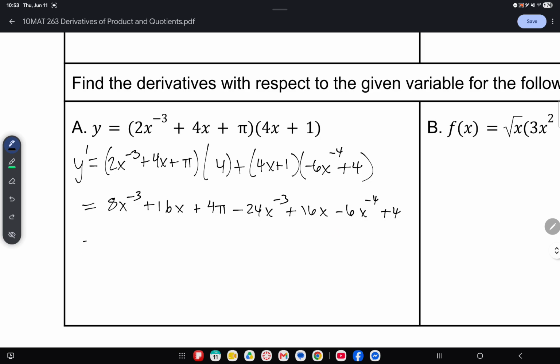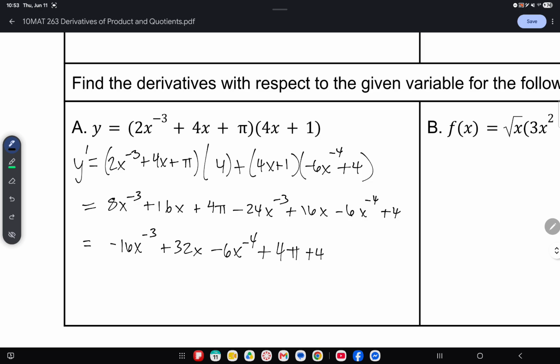And I think we have some things that can combine. 8 minus 24 is going to be negative 16x to the negative 3. 16x and 16x will make 32x. I've got a negative 6x to the negative 4. And then my 4 pi and plus 4.